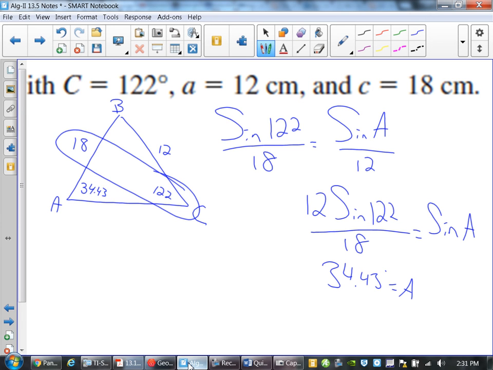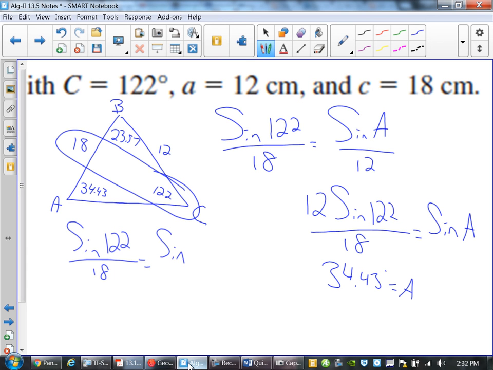So then what would you do to solve for angle B? And unfortunately, there are times that you have to reuse what you just solved for. So you kind of hope that you did it right. So what do you get? 23.7. And then you reuse that to get the next one. So it'll be sine 122 over 18.